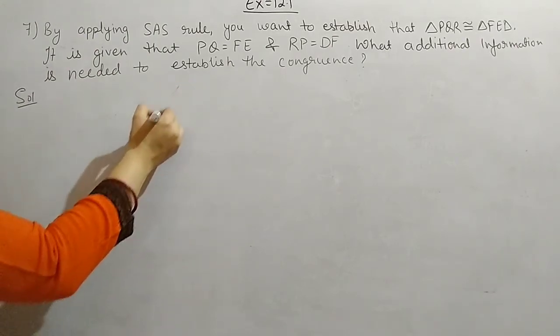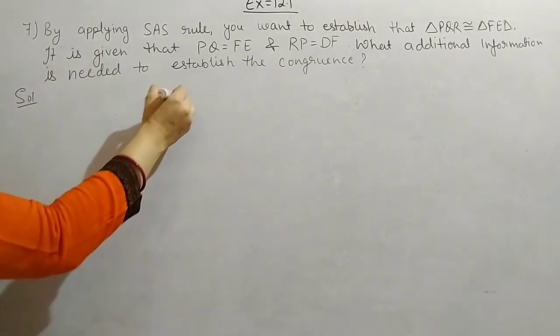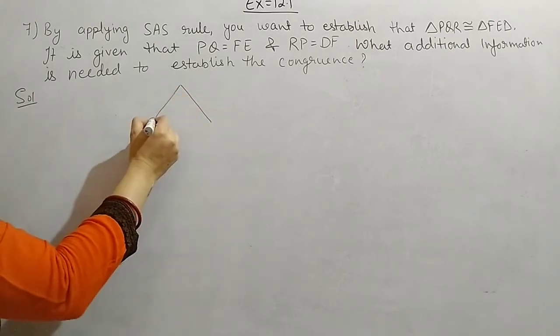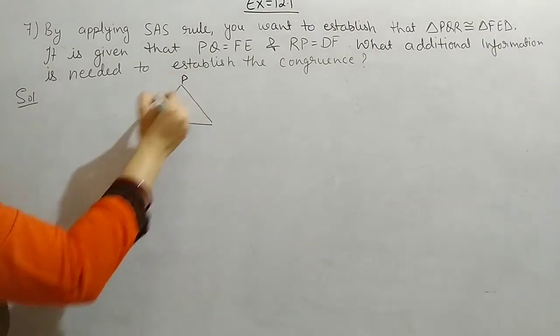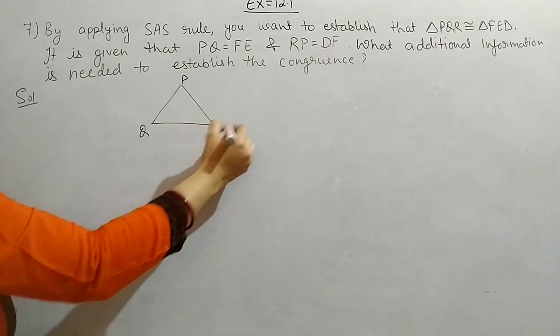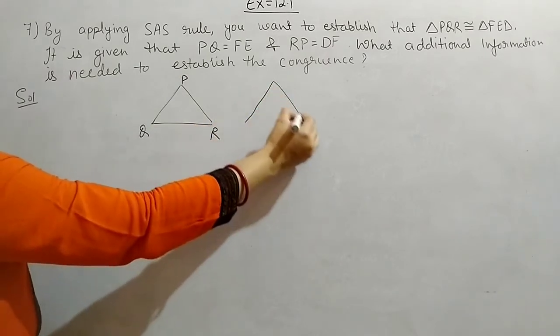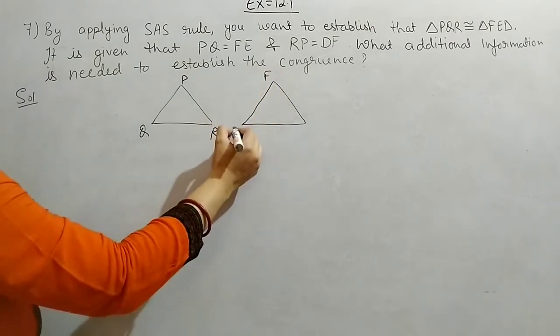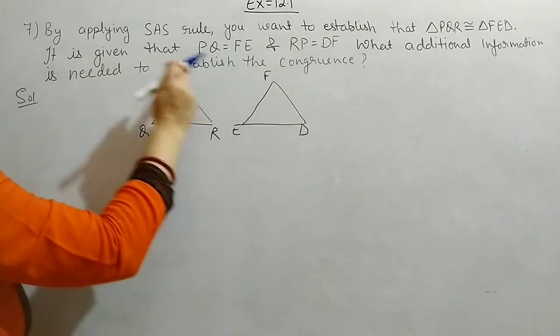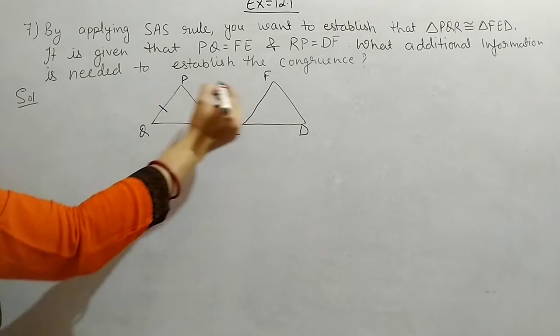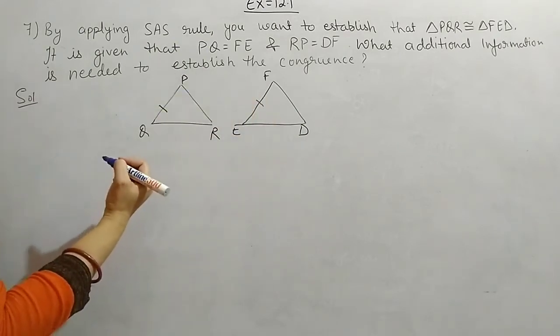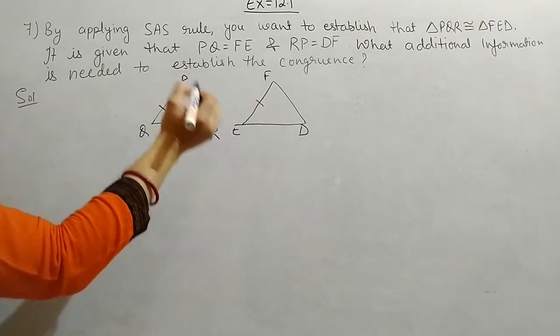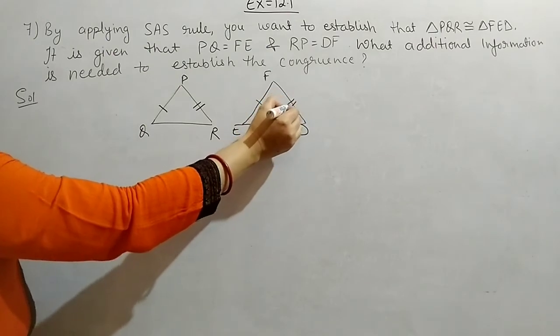Suppose we have two triangles here, triangle PQR, and one more triangle FED. According to the question, PQ is equal to FE and RP, this side, is equal to DF.